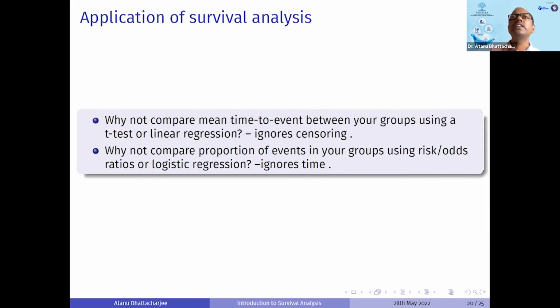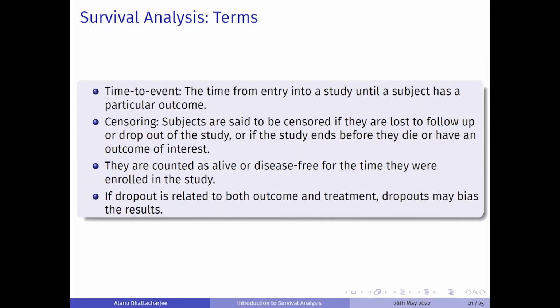Similarly, for an odds ratio comparison by applying logistic regression, they don't consider that either, because an odds ratio in survival analysis comparison makes no sense. Don't go for a t-test or linear regression because they never consider the time from entry into the study until the subject has experienced the outcome.